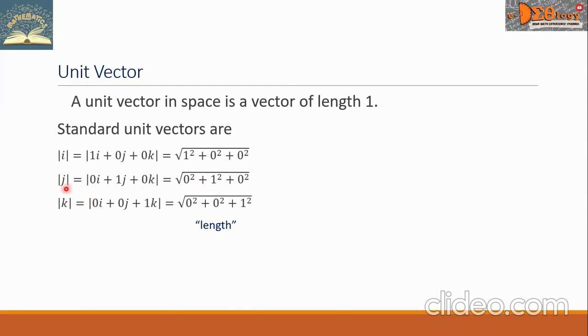The length of vector j equals the square root of 0 squared plus 1 squared plus 0 squared. The length of vector k equals the square root of 0 squared plus 0 squared plus 1 squared. Simplifying the radicals, we will get 1, 1, and 1.